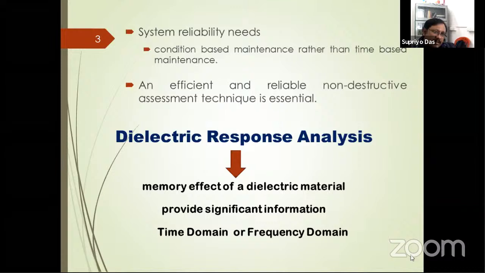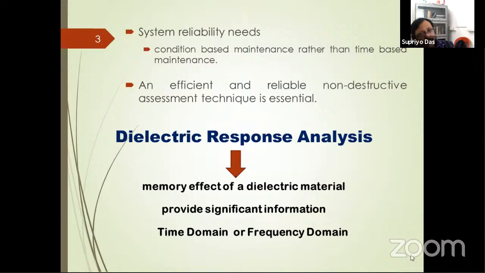But condition-based maintenance means time to time the condition of the cable is monitored. So if there is a situation where the cable has degraded a lot, before there is any outage, we can take a preventive measure. So for condition-based maintenance, we need regular monitoring. And an efficient or reliable non-destructive assessment technique is essential.